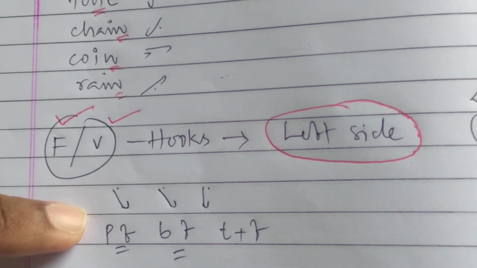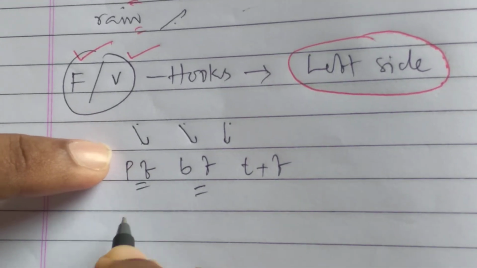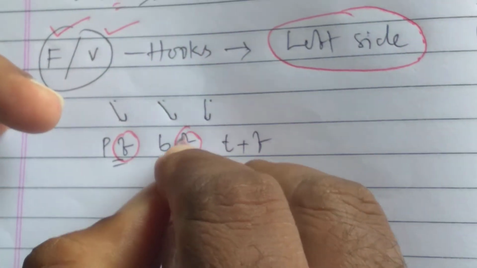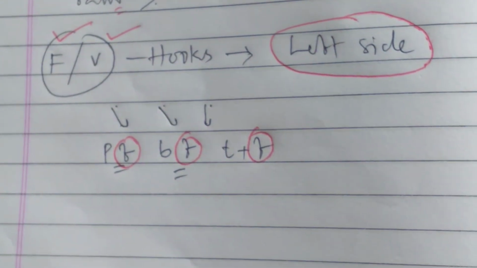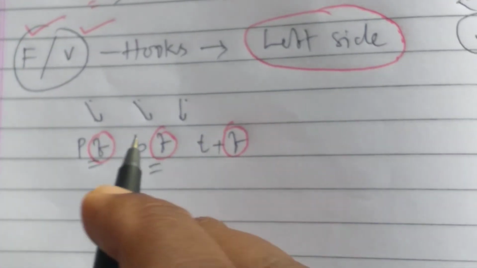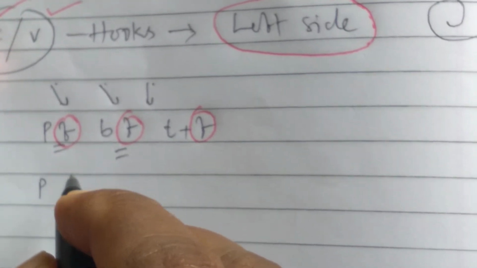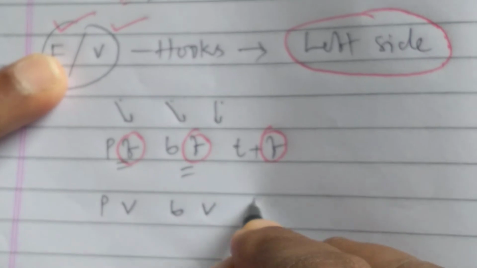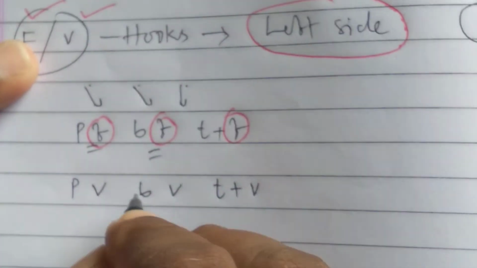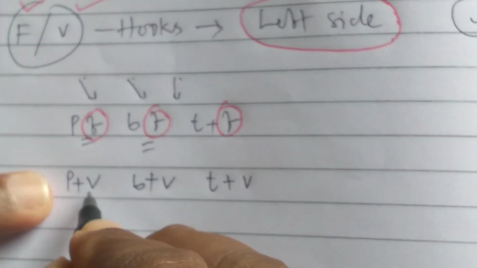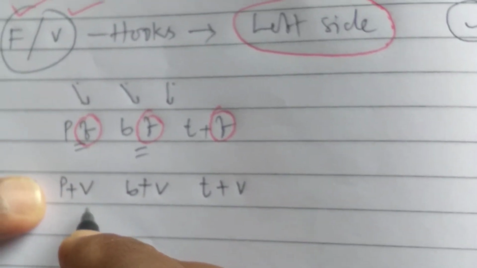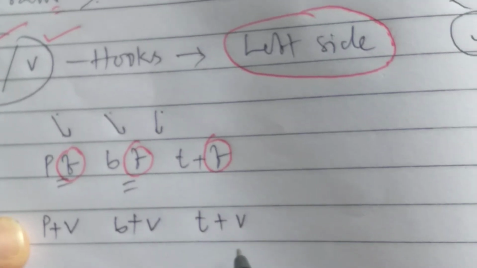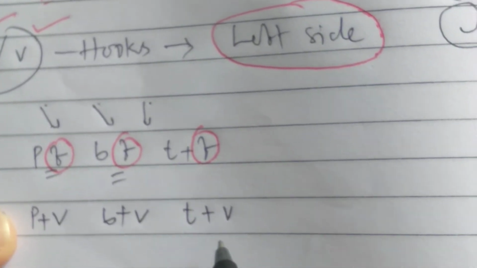Now I am going to write again. I give an F sound here. Now I am also adding the V sound. P plus A plus V, PAV. B plus A plus V, BAV. T plus A plus V, TAV.